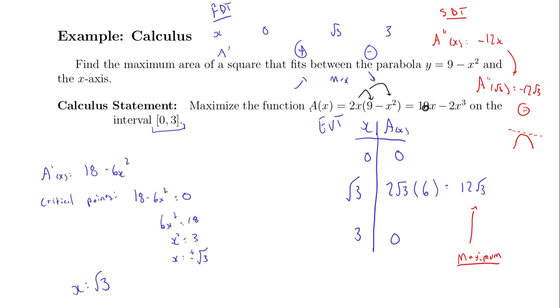So extreme value theorem, first derivative test, second derivative test, they all give us the same answer. There's a maximum at this point. But notice that the extreme value theorem right away gives you the output of the area function. In both of these other cases with the first and second derivative test, we'd have to go back to that area function, plug in root 3, and get 12 root 3 as that maximum area.